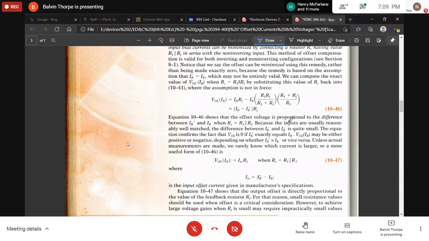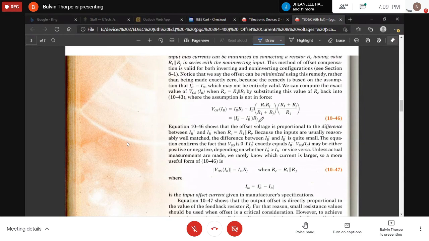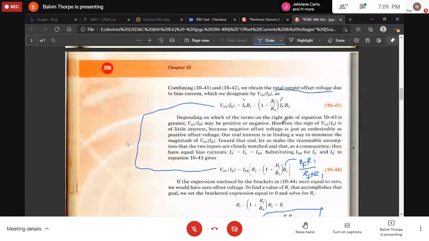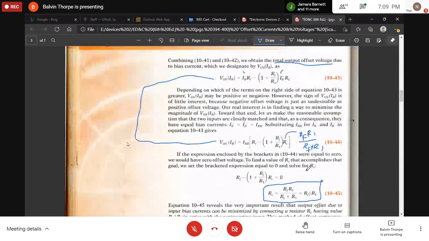If that's the case, then this equation becomes very simple. So let's put it back in this expression. So put in RC here, though it doesn't really matter. But put in RC as RF parallel R1, which is RF times R1 over RF plus R1.